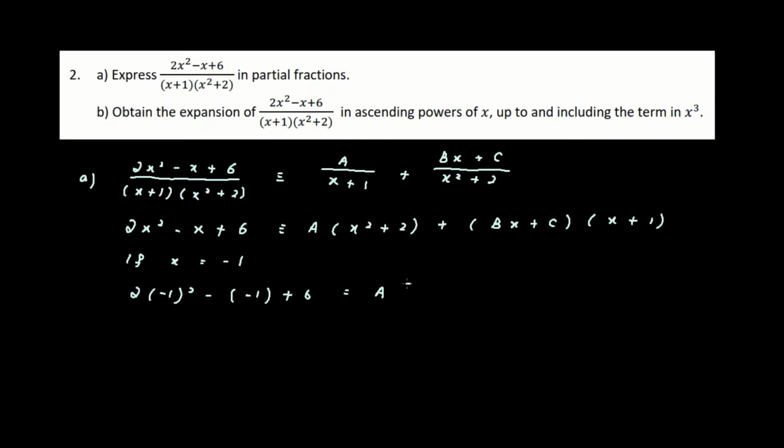Okay, (-1) squared plus 2, and then for this side, it will give you (b times -1 plus c) times 0, right? So I'm just going to copy down. Alright, so 2 plus 1, 3, then you get 9, then 1 plus 2, so 3a, so a will be equals to 3. So that's the first number that we get.